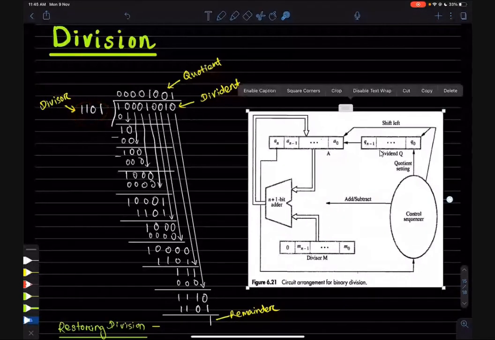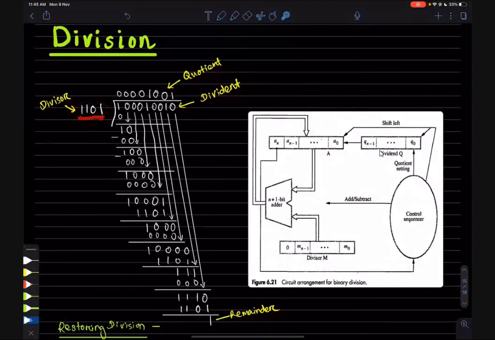Division failed means we cannot divide 1 by 1101 because 1 is smaller than 1101. That's why we put a 0 in the quotient. This is the result of the division. That means 0 is the result for this division. That's why we put quotient 0 here, q0 is 0.